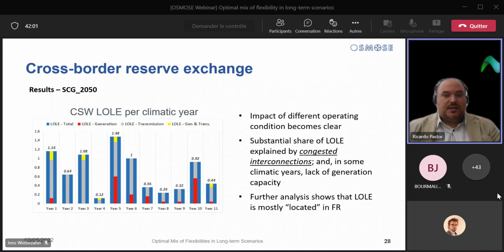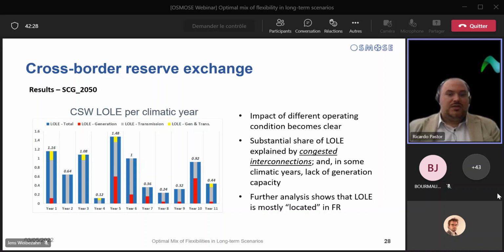The first is that the reliability indexes will differ as the operating conditions change. And the other one is that the loss of load expectation results increase mostly derivative from the congested interconnections.